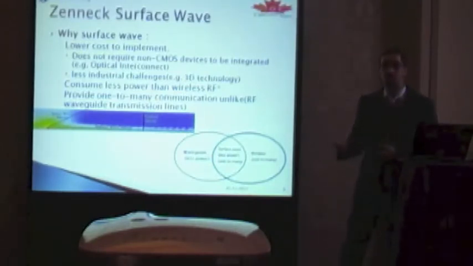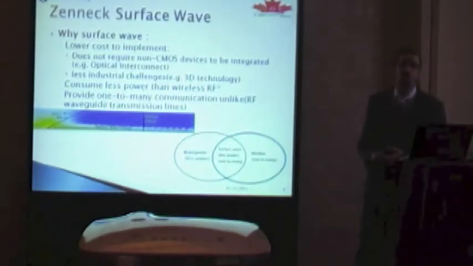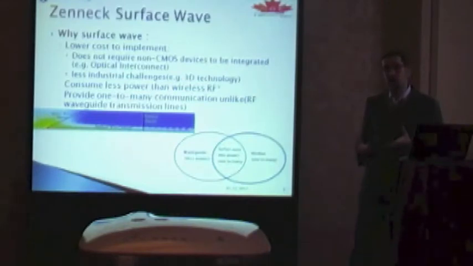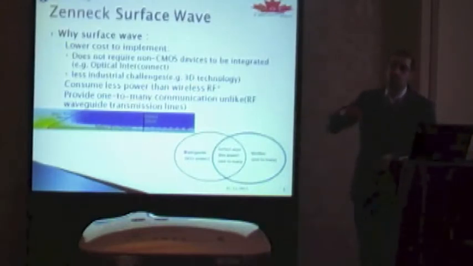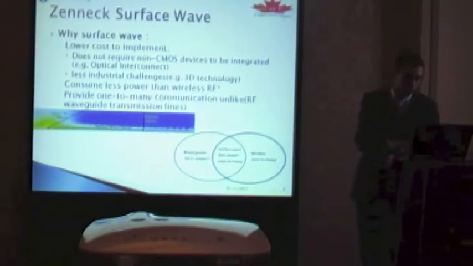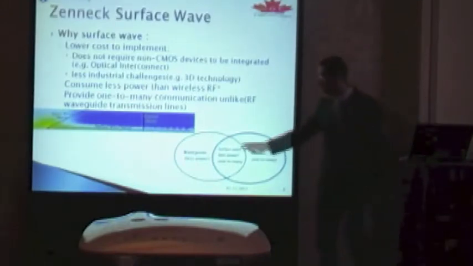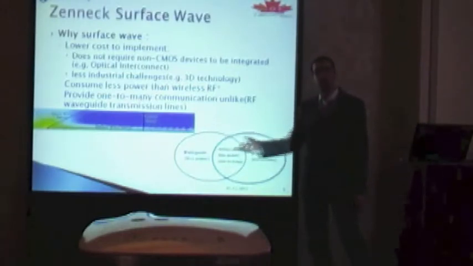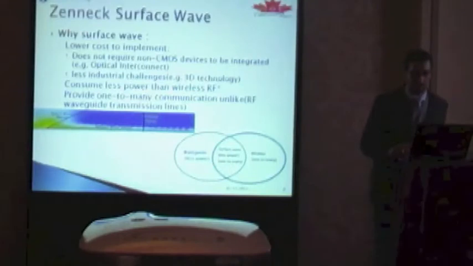The first type is wireless radio frequency interconnect, which dissipates more power as the signal is propagating in free space. And the second type is transmission line waveguided, where the modulated signal moves in wires that need extra die area and deliver the signal only to the nodes that these wires pass by. So surface wave combines the best features of these two types of radio frequency interconnect, as we will see.